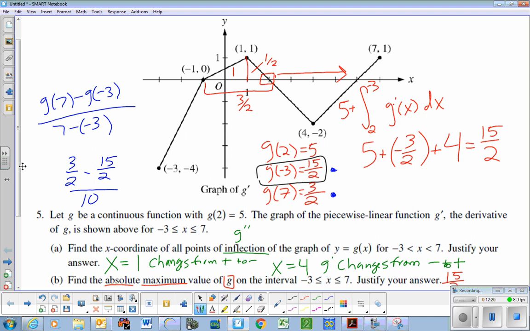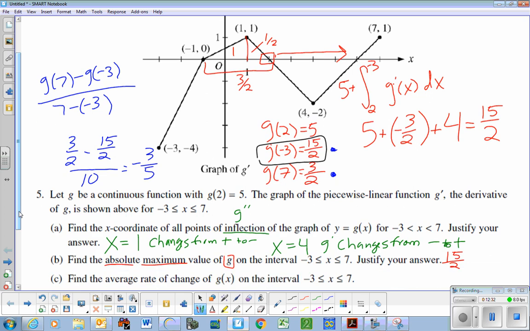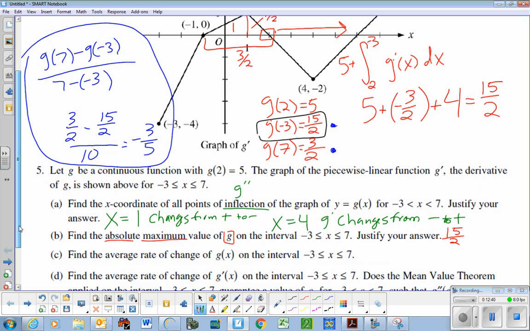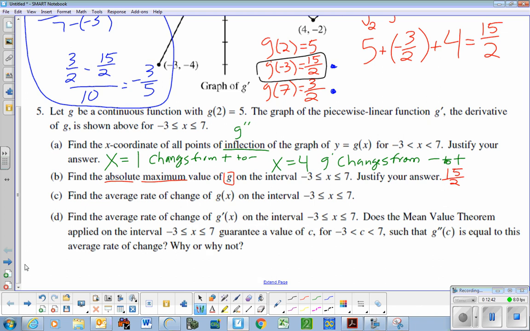And that's going to give you negative 3/5. So the average rate of change is going to be negative 3/5. And if you do all this part right here, you got all your points. So that one was pretty simple.